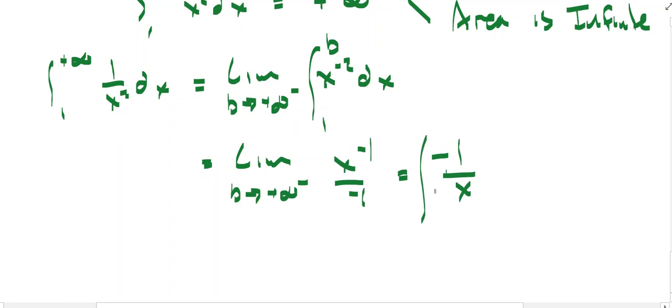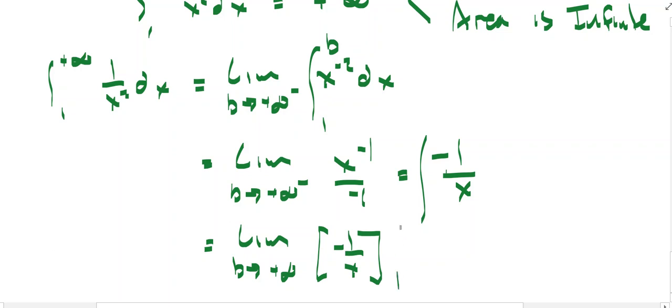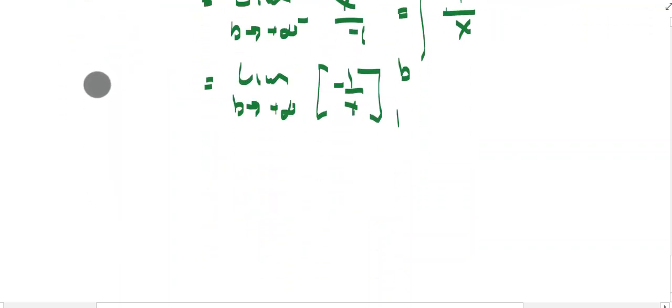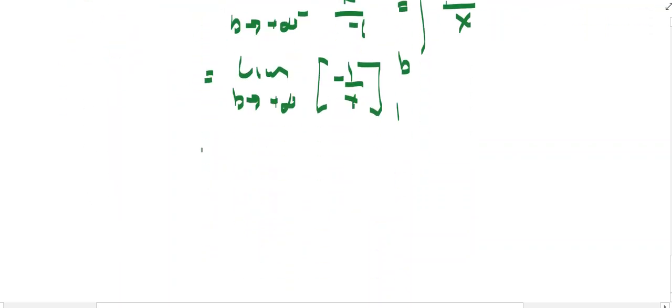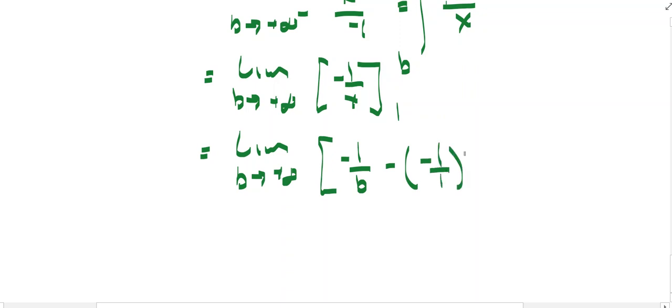So we have the limit as b approaches positive infinity of negative 1/x evaluated from 1 to b. Actually evaluating that, we have the limit as b approaches positive infinity of negative 1/b minus negative 1/1.